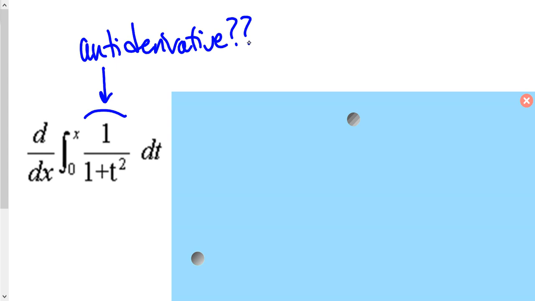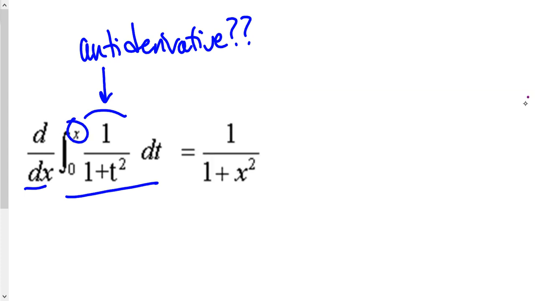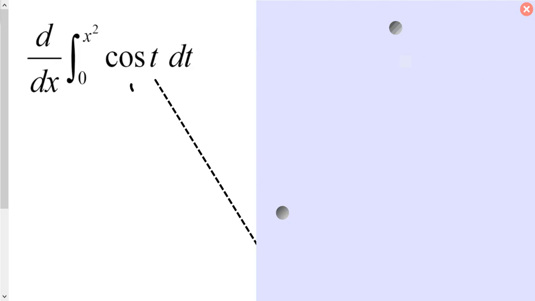However, we can still find the derivative of this function with the independent variable in the bound because fundamental theorem says plug in your x, the derivative of x is 1, the bottom is a constant, so it's not going to matter because when I take a derivative of a constant, I get 0. Done.